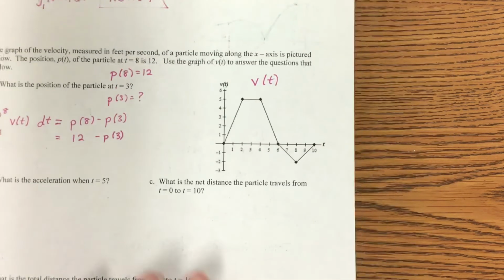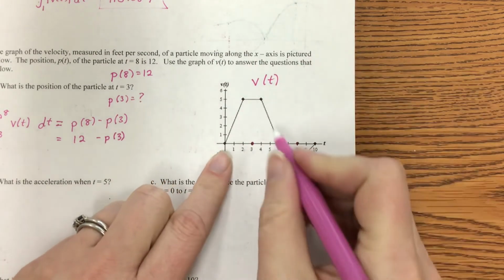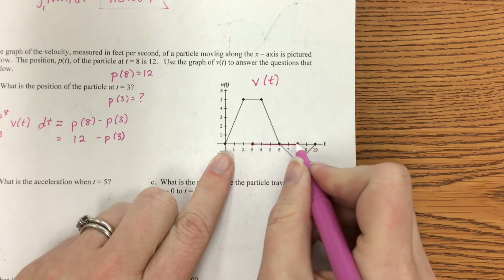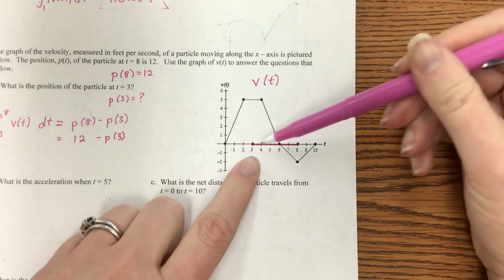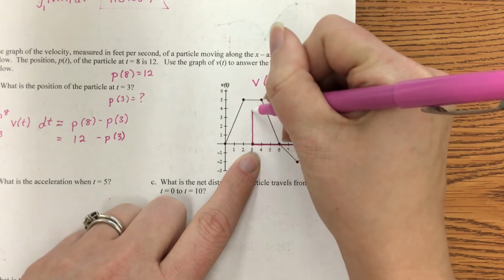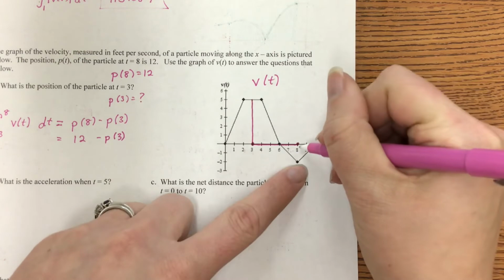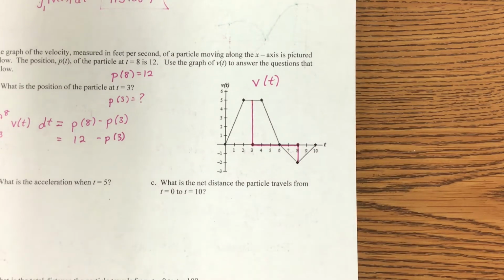Okay, so we've got our graph. I'm going to draw from 3 to 8. Just trace that x-axis, t-axis, whatever. From the 3, I'm going to draw straight up until we get to here. And then from 8, looks like we have to draw straight down. You will never draw diagonals on this stuff.